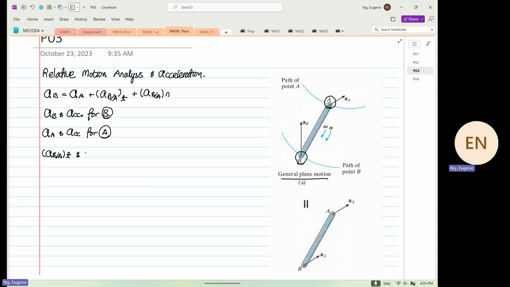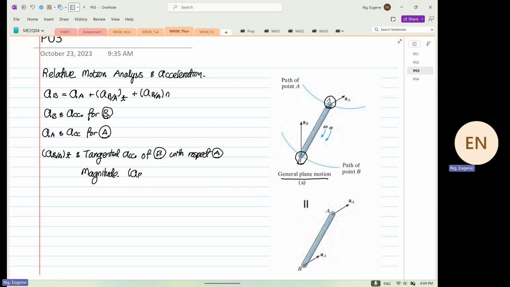This corresponds to the tangential acceleration of point B with respect to point A. So the magnitude will be equal to the magnitude.